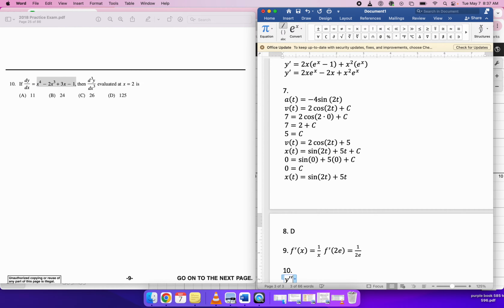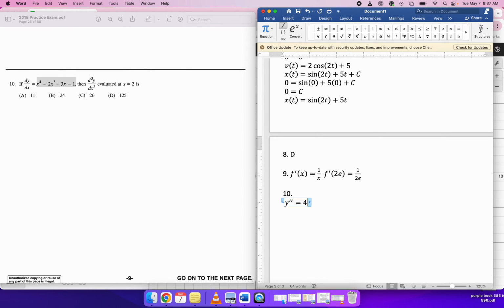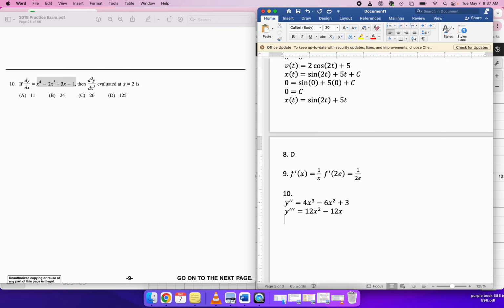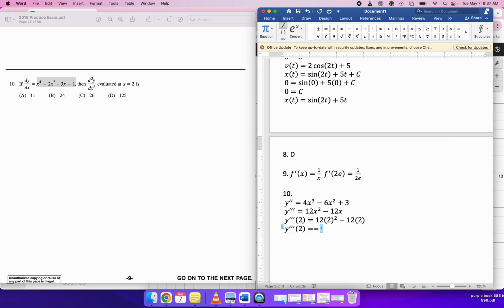So y double prime would be 4x cubed minus 6x squared plus 3, and y triple prime would be 12x squared minus 12x. So evaluating this guy at 2, that would give me 12 times 2 squared minus 12 times 2. So therefore, y triple prime of 2 is 48 minus 24, which is 24, so I think it's B.